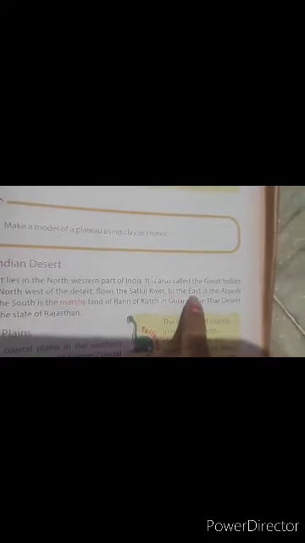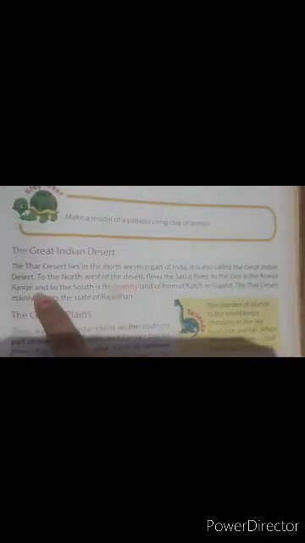To the east, what is on the east side? The Aravalli Range, and to the south is the marshy land, marshy means wet land, of Rann of Kutch in Gujarat. The Thar Desert mainly covers which state? The state of Rajasthan.